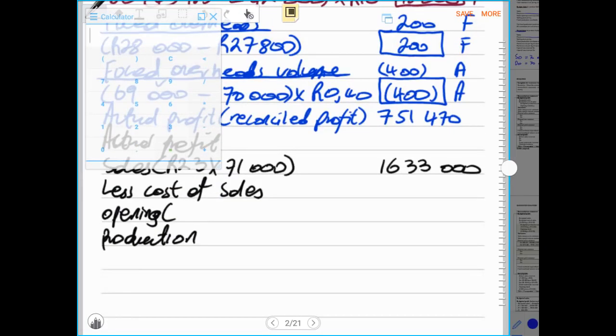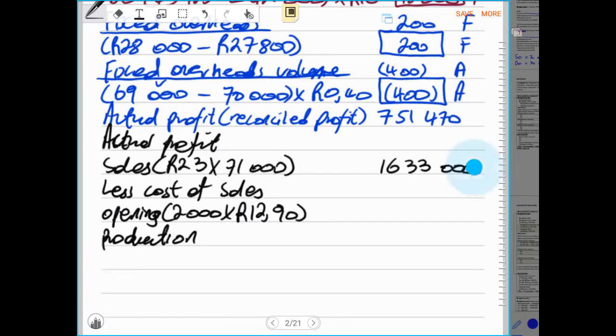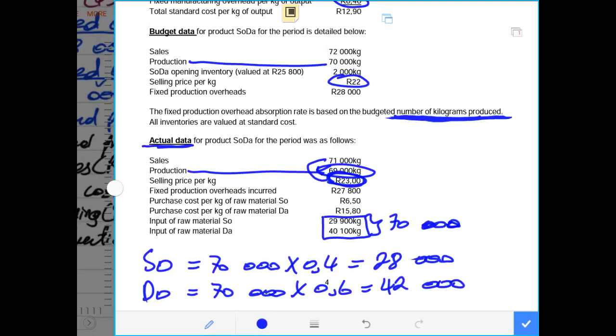My opening, remember, I think we had opening of 2,000 units, and I told you that all inventory is valued at standard cost. Why did they say this?